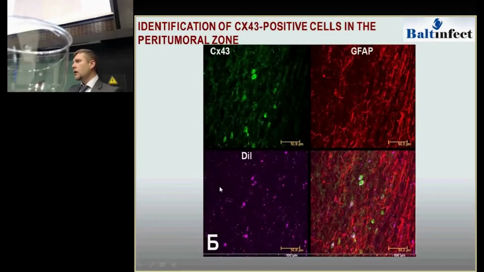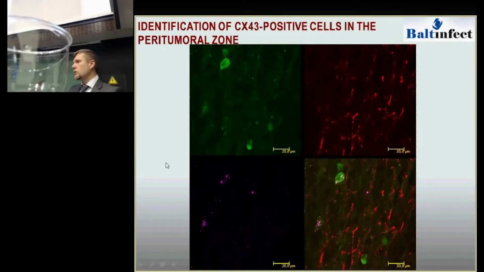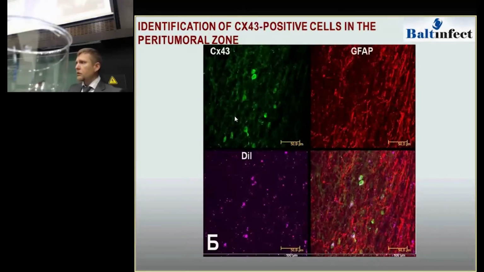And here, I will zoom a little bit. Here, DI positive cells. So here is a glial bank. It's almost healthy nervous tissue. Healthy, of course, it's not completely healthy, but it's outside of glioma. And these cells, as I said, are DI positive. So that's why we call these cells glioma cells. And these cells accumulate antibodies injected intravenously. So, let me return.